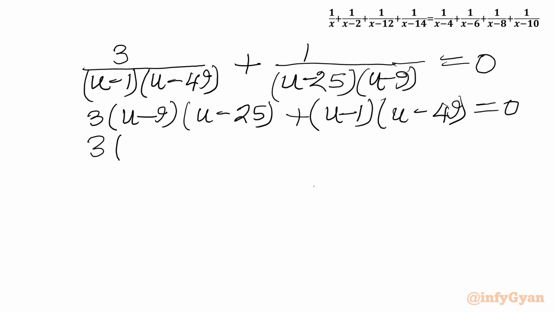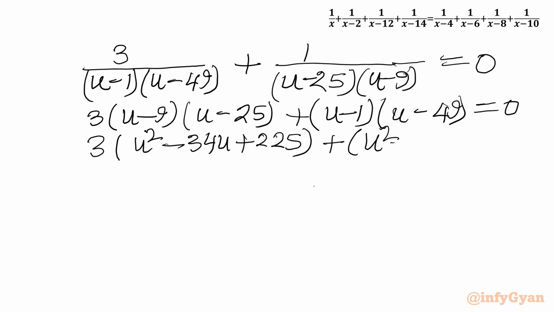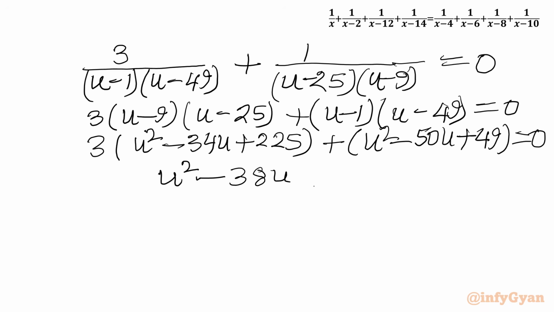Or we can write 3 times u square minus 34u plus 225 plus u square minus 50u plus 49 equal to 0. We will simplify this equation and we'll get one quadratic equation u square minus 38u plus 181 equal to 0.